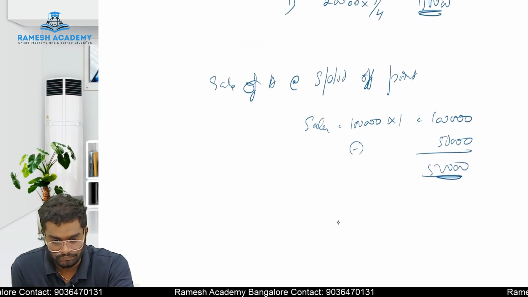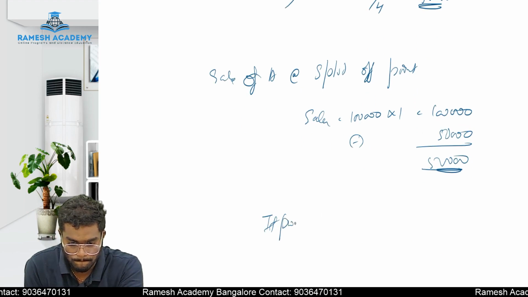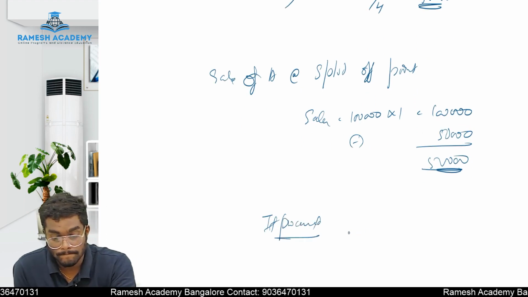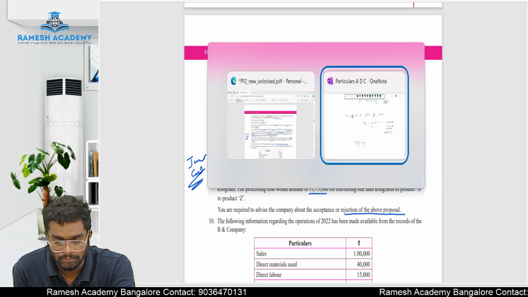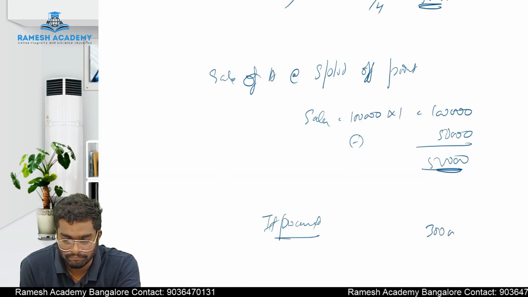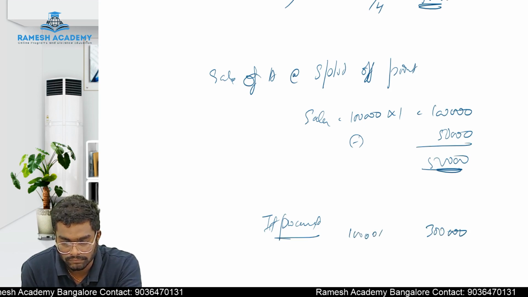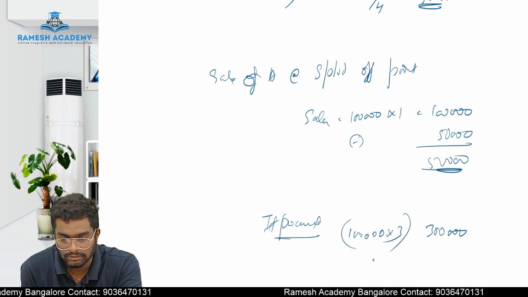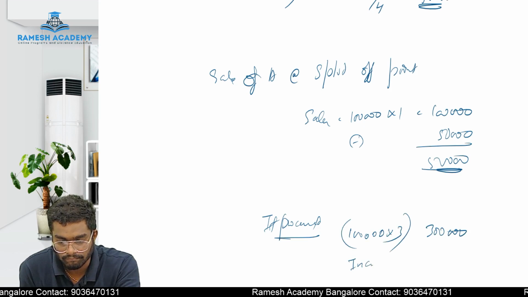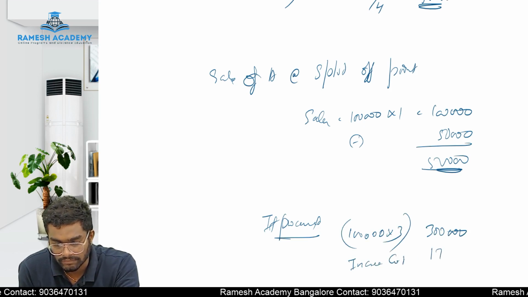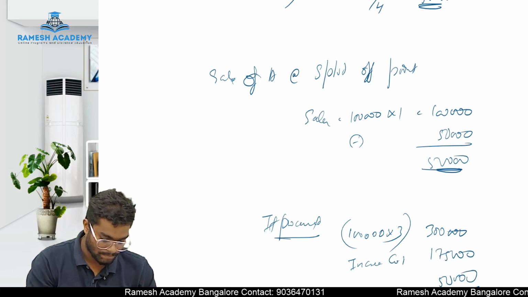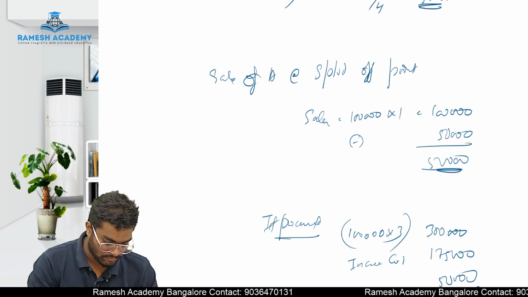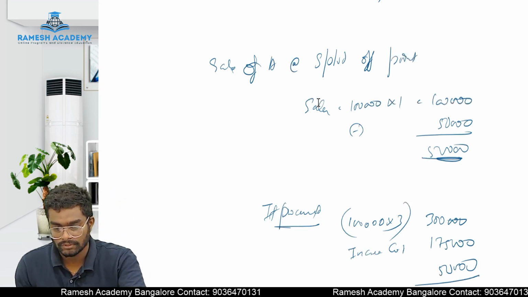Now if processed, it will be sold at 3 rupees, so it will be 3 lakh, because it is 1 lakh into 3. Then the incremental cost, which is 1,75,000, then the joint cost, which is 50,000. Subtract all this: 3 lakh minus 1,75,000 minus 50,000. We will get a profit of 75,000.